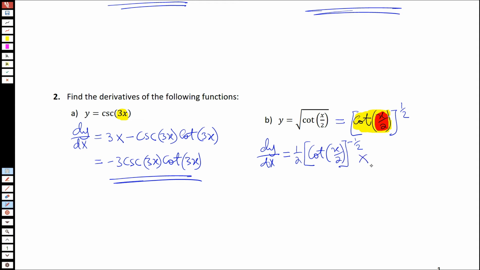Multiplied by, now the derivative of cotangent is negative cosecant x squared, and our x is x over 2, so that will be equal to negative cosecant of x over 2 squared.